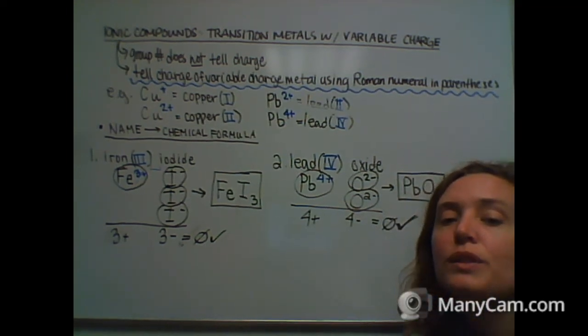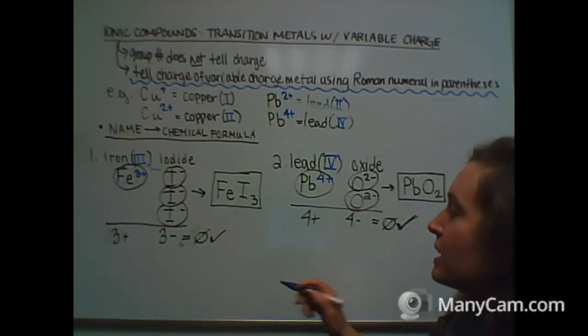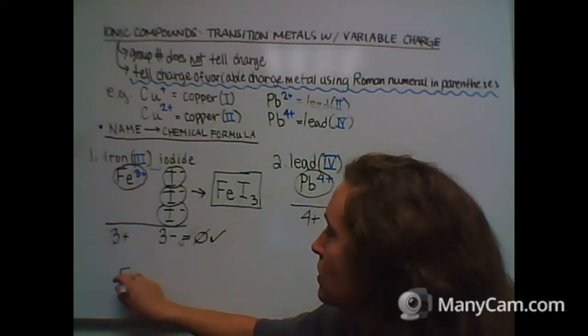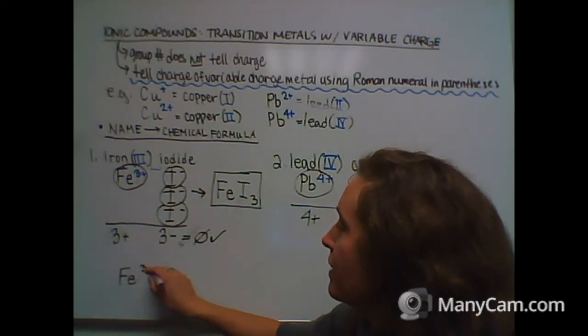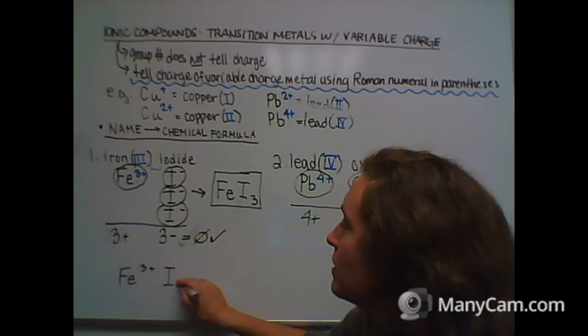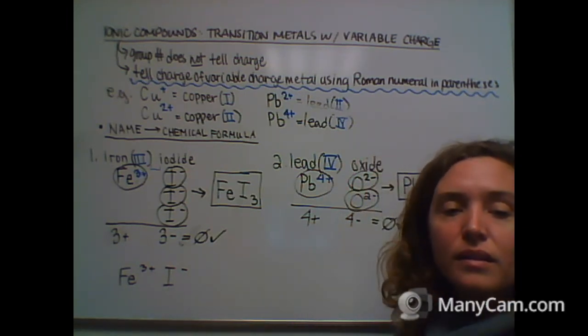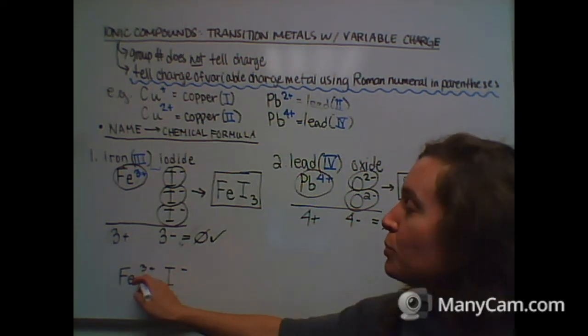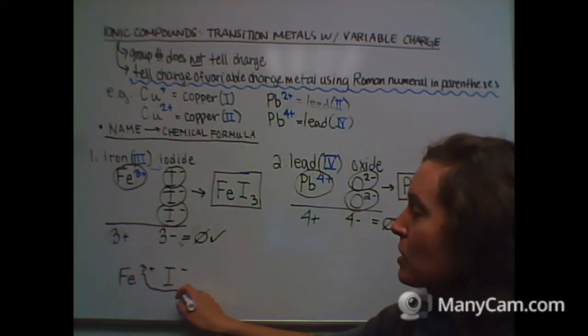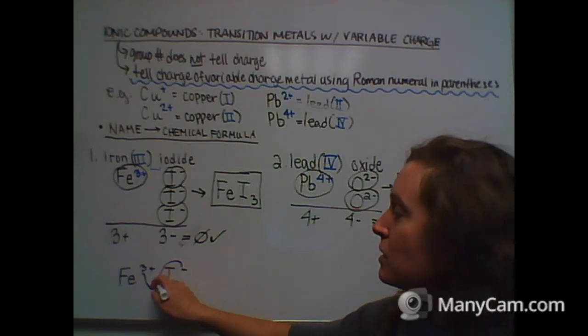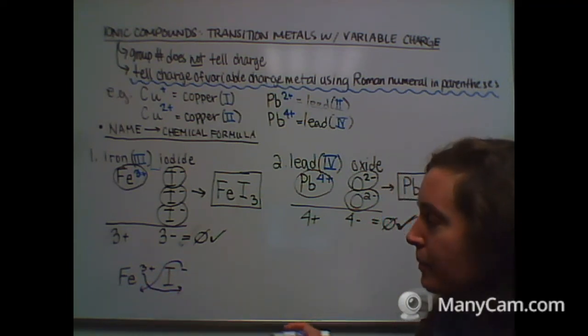Let's see if we could do this with the quick trick that we learned last time. If we write the cation and the anion, can we take the superscript number into the subscript on the opposite ion to formulate the chemical formula? Yes, we can, right?